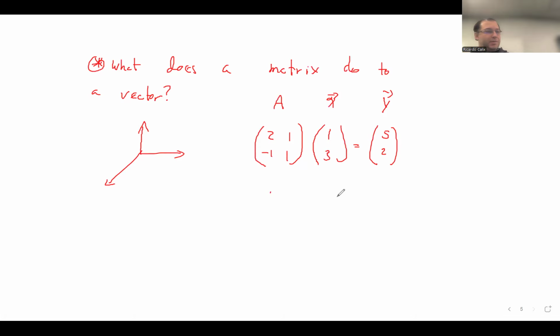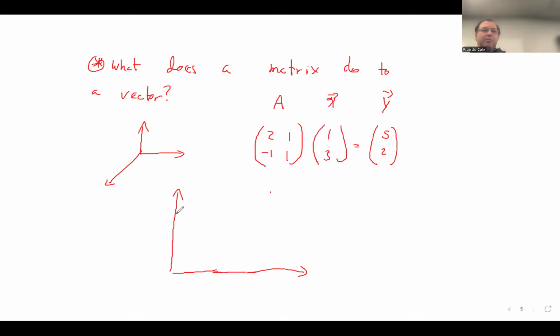So what happens? All right, so now we can take a look. There's a couple of ways that you can represent a vector, okay?